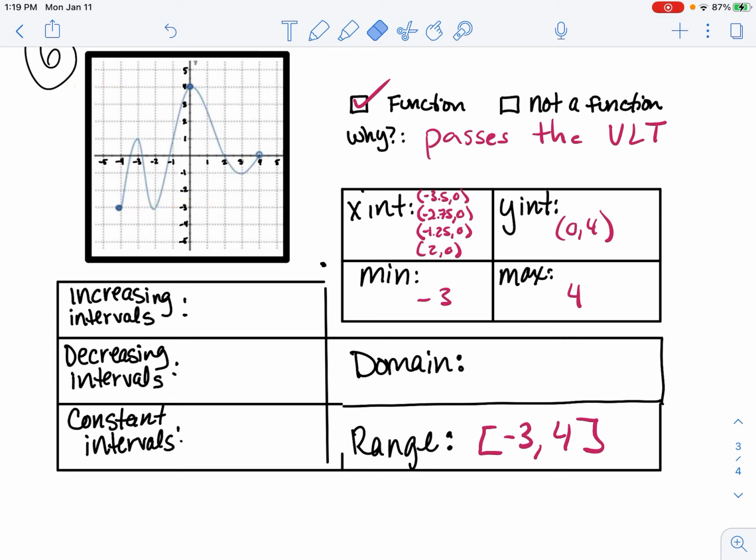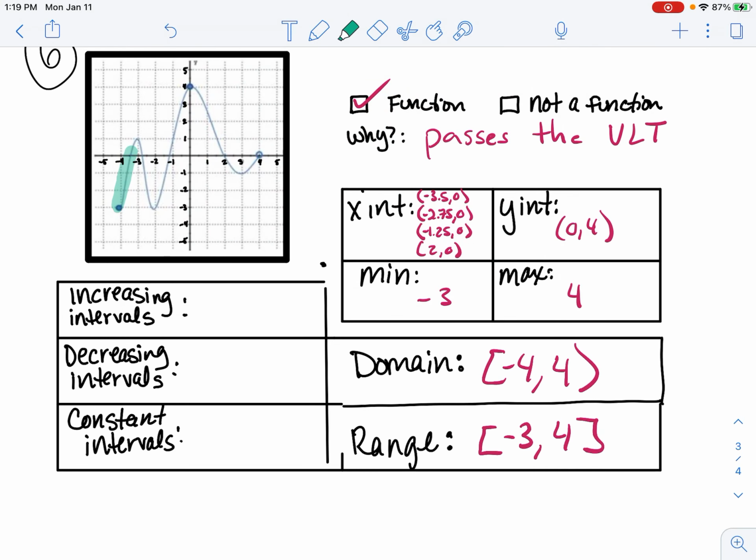All right. Increasing. Actually, let's do domain next. So it goes from -4, that is a value, up until +4, which is not a value because that's an open circle. Okay.